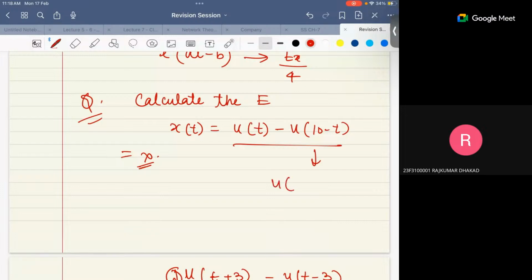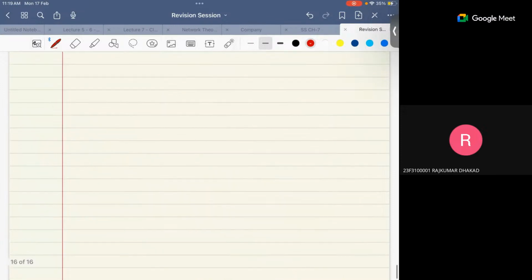U of minus t plus 10. How do you plot? See, you are not ut.